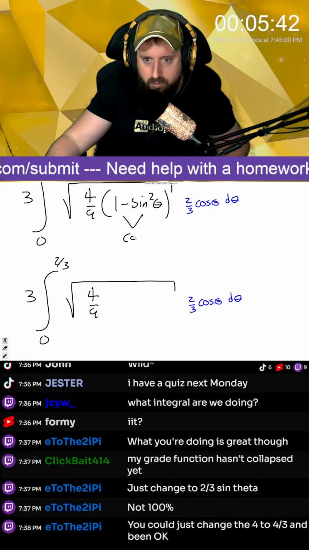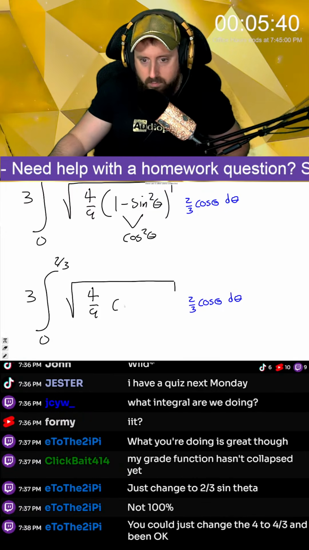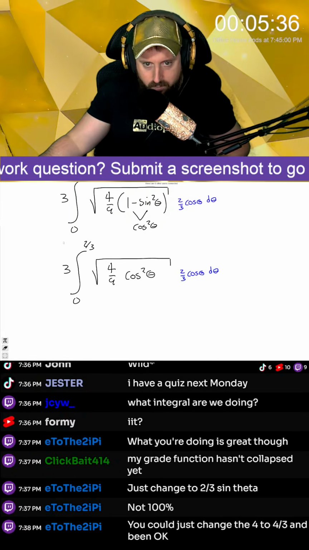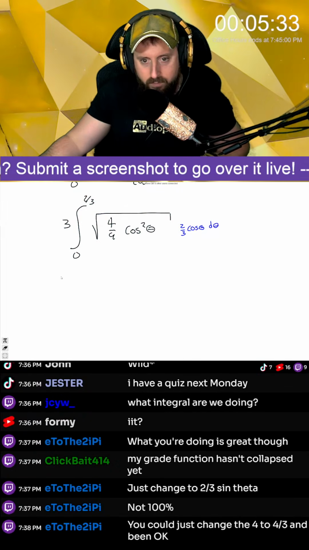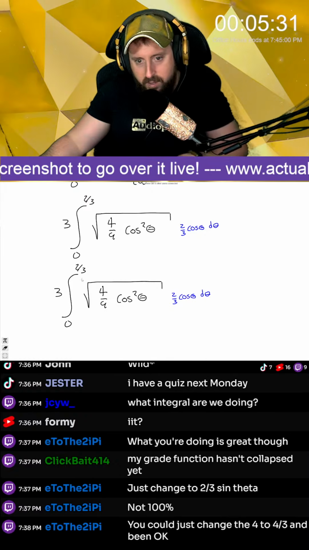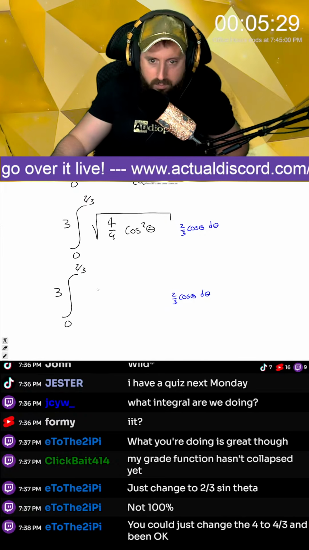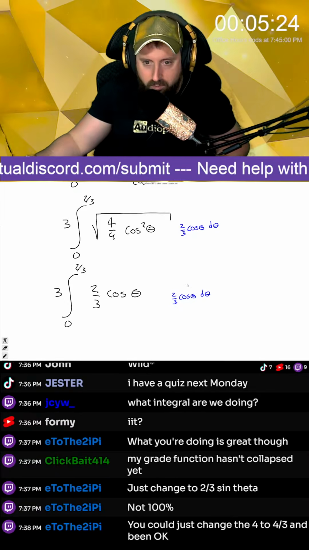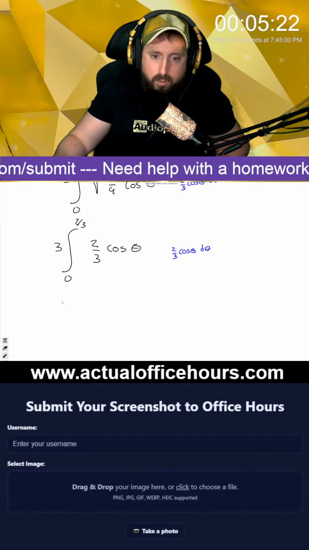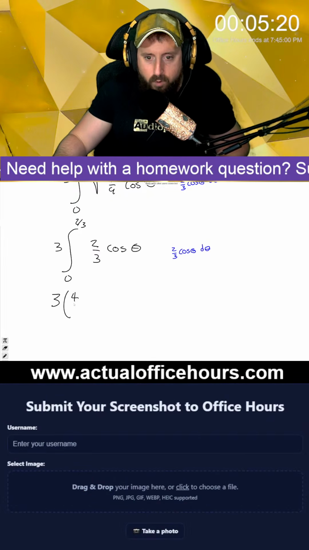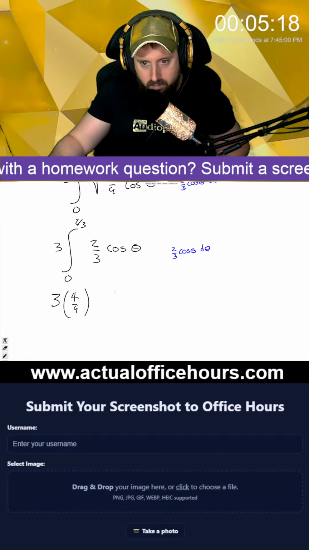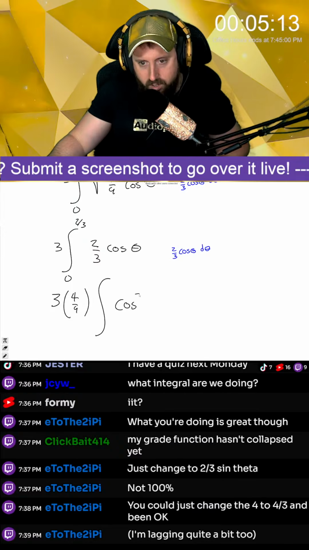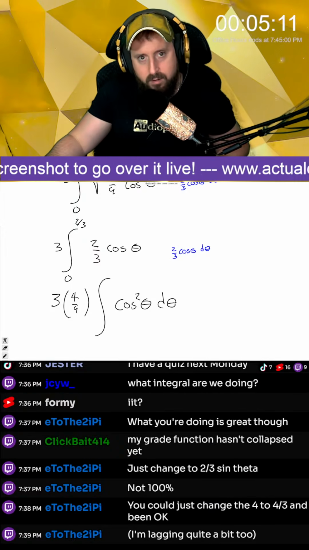So this right here is right, cosine squared theta. Good. And then if we take all the square roots of that stuff, that's going to be equal to 2/3 cosine theta. Oh, cool. And there's another 2/3 here. Okay, cool. So that's going to be 3 times 4 over 9 times the integral of cosine squared theta d theta.